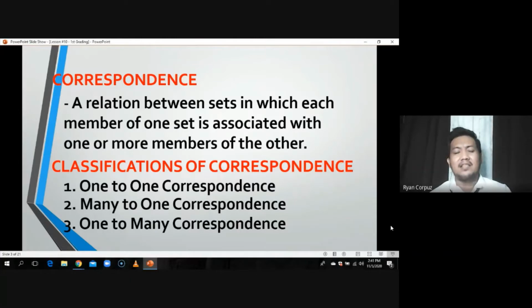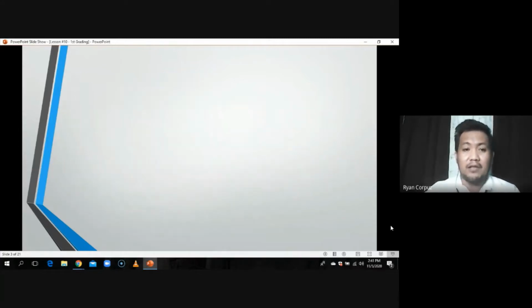In the three classifications of correspondence, we can identify a function from not a function. Yung one-to-one correspondence together with many-to-one correspondence, we call that a function, while the one-to-many correspondence is not a function. Bakit natin nasabi yun? Ano ba yung definition natin ng function?